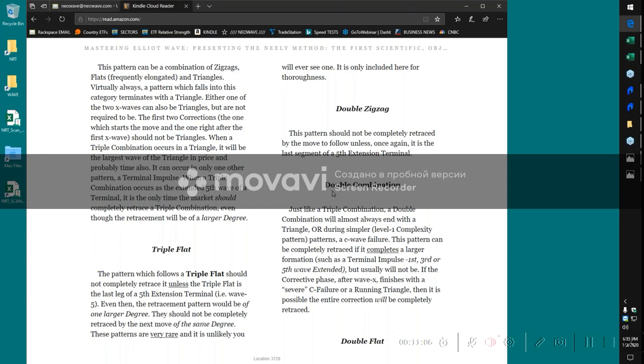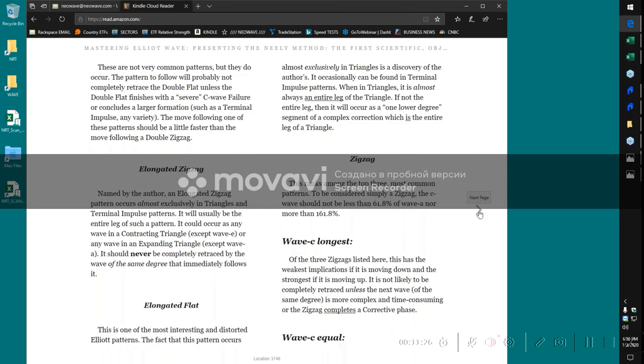If it's the fifth wave of a 5-wave move, the C wave of a flat or zigzag, or the E wave of a triangle, then these rules will not apply to that pattern. When you compress all the structure down, this would have to be the largest possible formation ending. So you'd have a double combination or a double flat, and that's as high up as you can go because you need more structure to finish something larger.